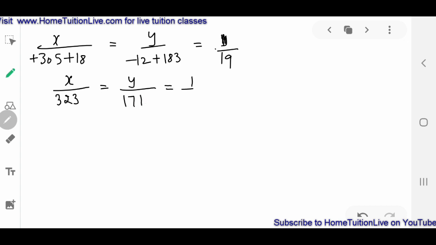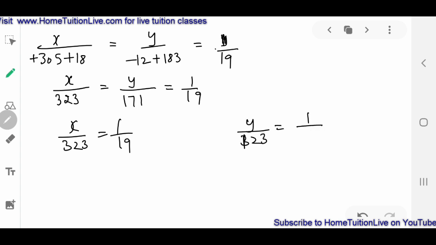So now x upon 323 equals 1 upon 19 and y upon 171 equals 1 upon 19. So x is equal to 323 divided by 19, we will get 17, and y equals 171 upon 19, 9 nines are 171.